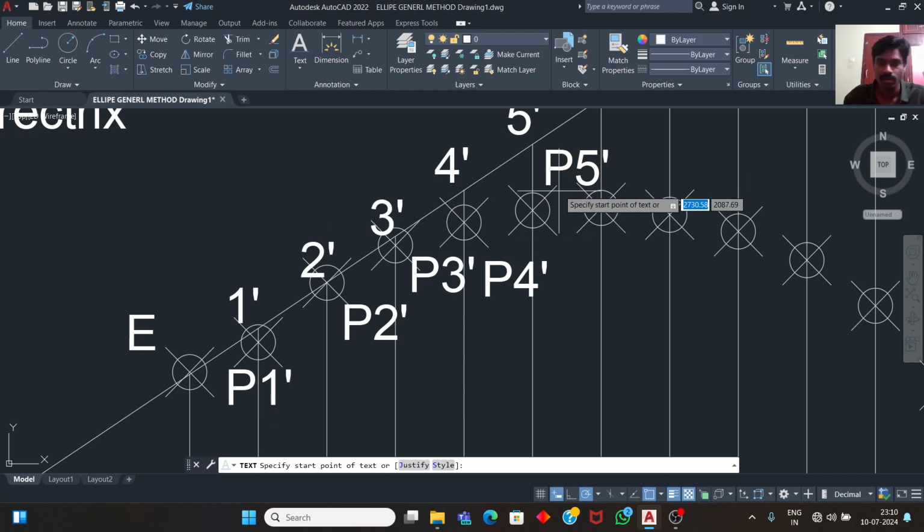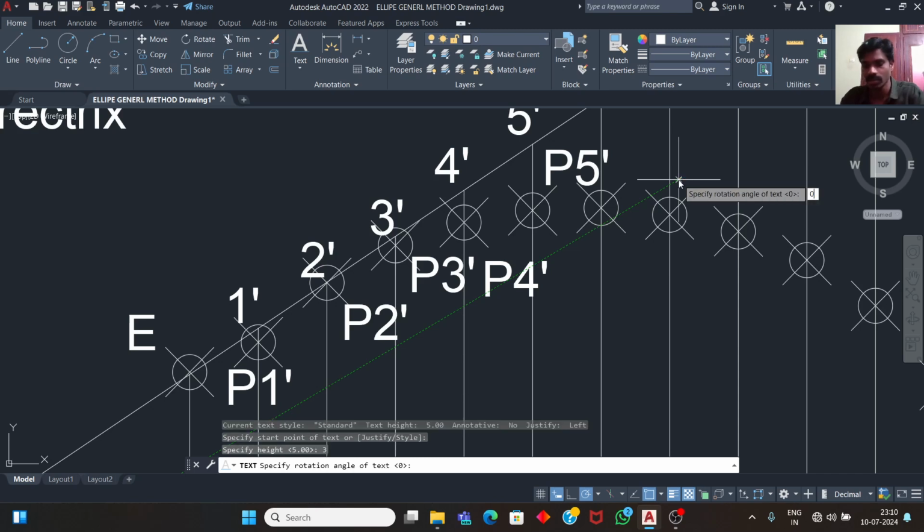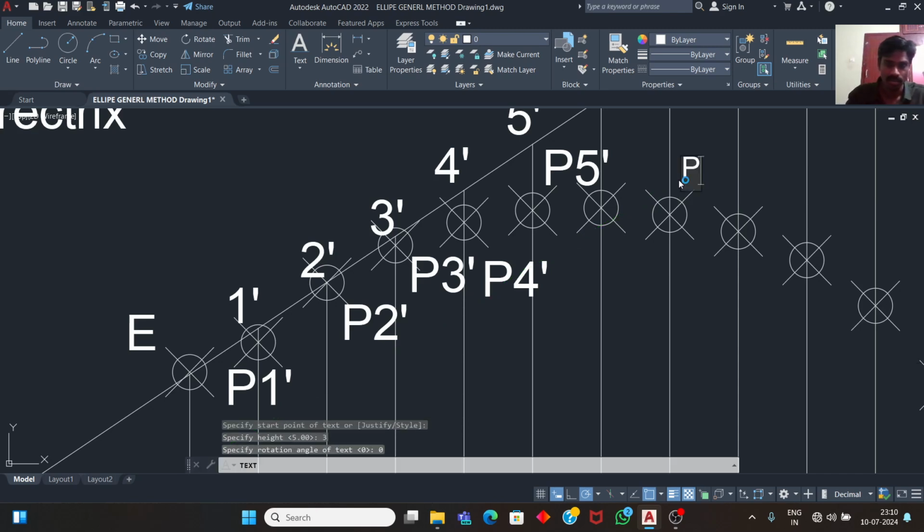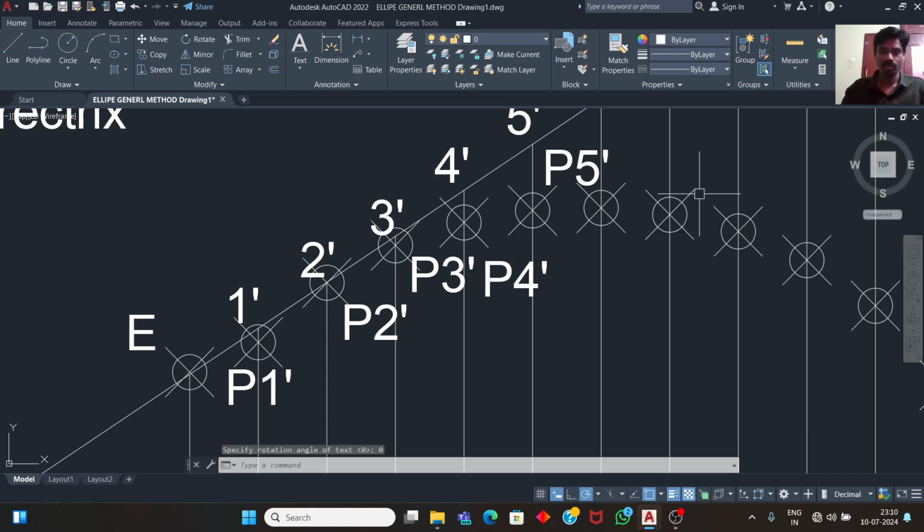Clicking single line text. Click 3 enter, 0 enter. 6 7 dash. The single line text. Click where you want.